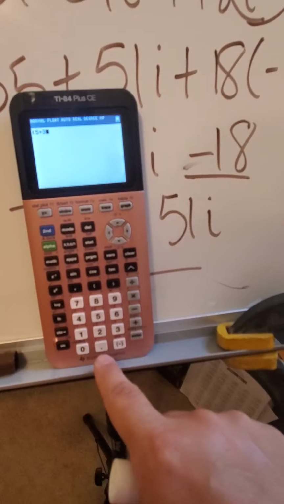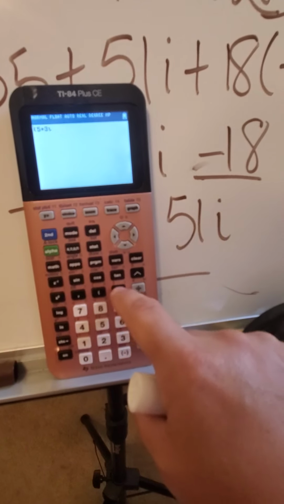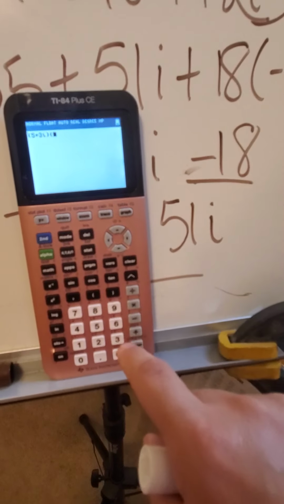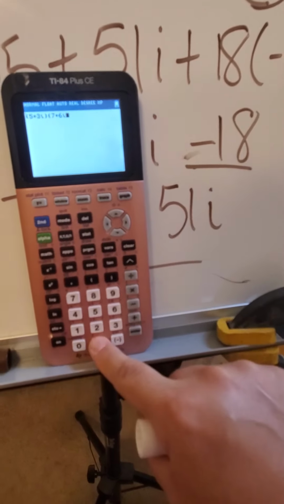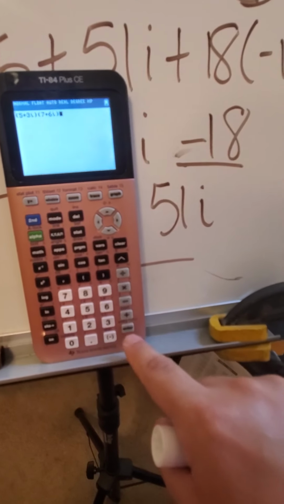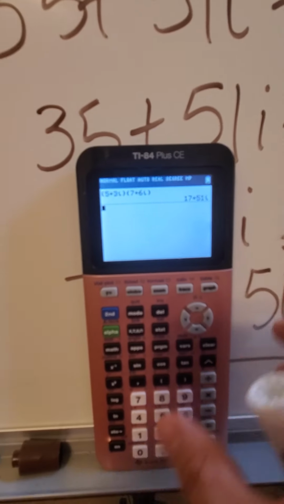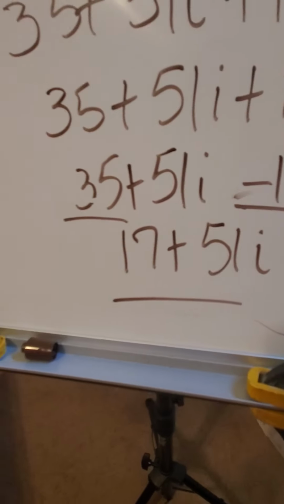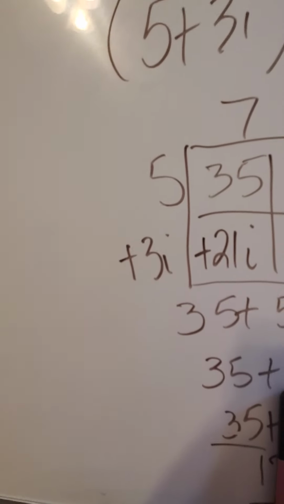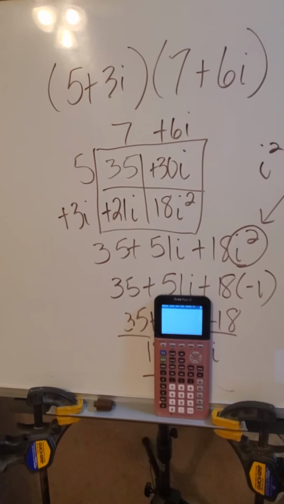Now, i is down here at this decimal point, so second i, and then close, open parentheses, 7 plus 6i, again down here at the bottom, and then hit enter, and it's going to say 17 plus 51i, which is what we got when we did it by hand, okay? So calculators, you can use that too. Depends on what version of calculator you're using as to how you would proceed with that.